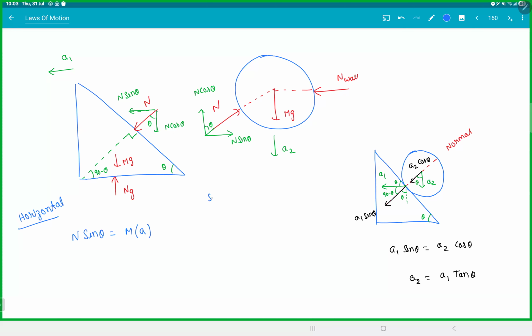For the ball, vertical direction, because it's moving up and down, I'll take only the vertical direction. Mg minus n cos theta is equal to mass into acceleration. Please check your equations. That's your step 3, right?